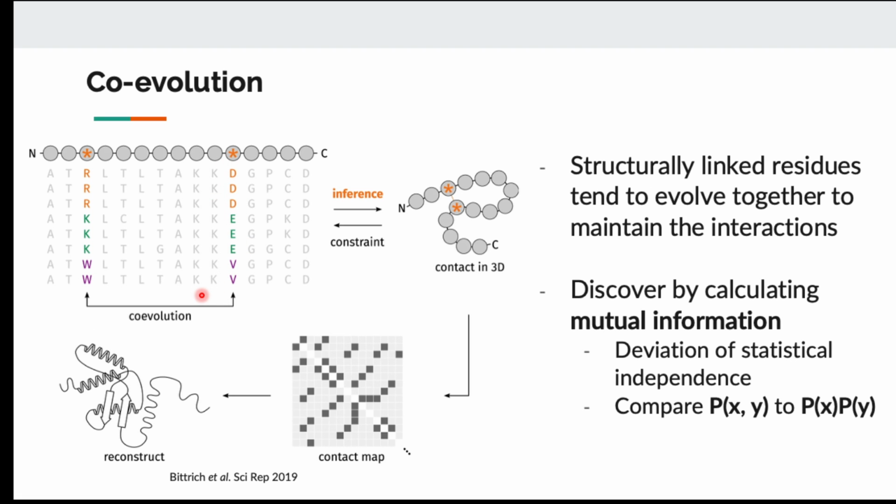One thing that people noticed is that there are certain positions in the protein, like these two positions, that in 3 dimensions form some kind of bond together, maybe an ionic bond, maybe a disulfide bond, maybe another chemical bond. And what happens during evolution is if you have a mutation on one residue, the other residue also has to mutate, because otherwise the protein loses that interaction.